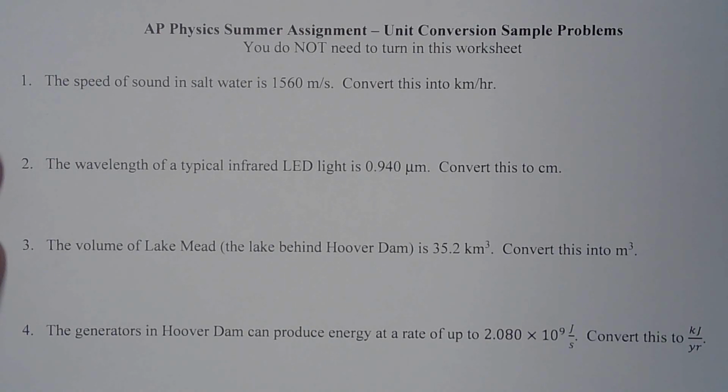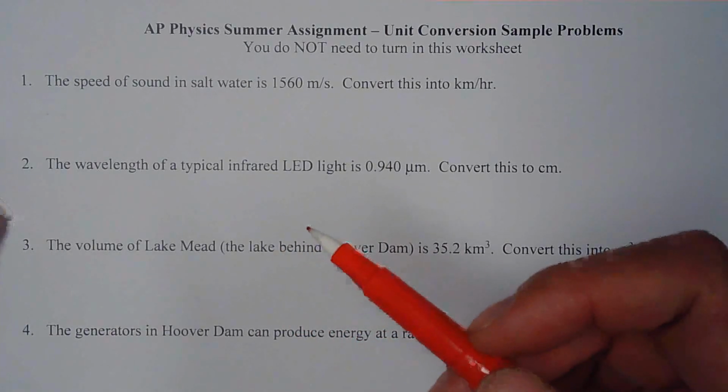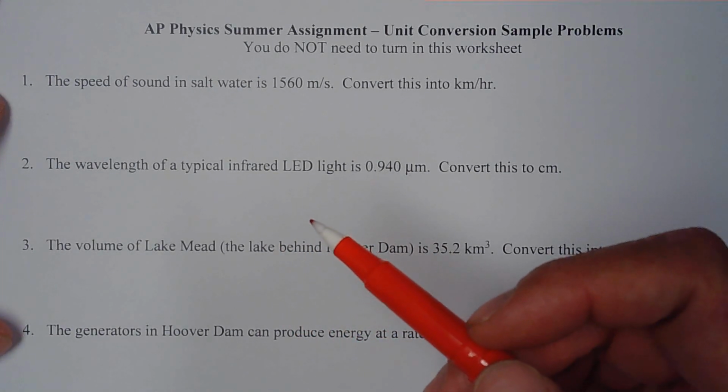Stoichiometry is an example of the factor label method. You start with a quantity, and then you multiply by a bunch of conversion factors, which have equivalent values on the top and the bottom. That is really essential: you have equivalent values on the top and bottom.